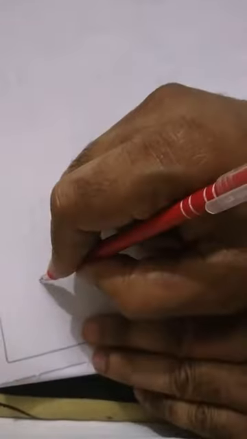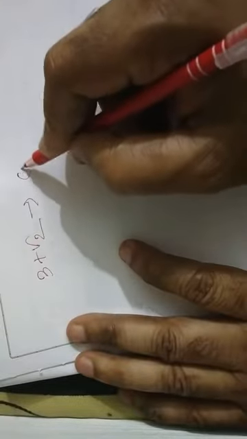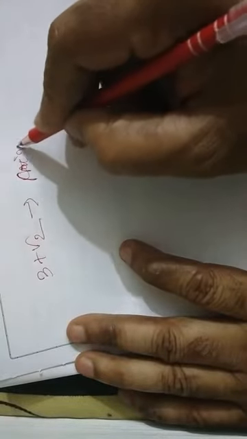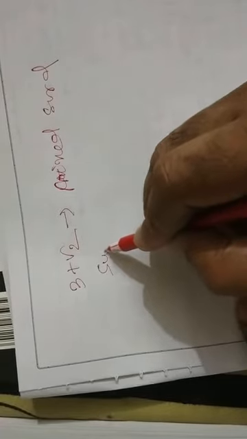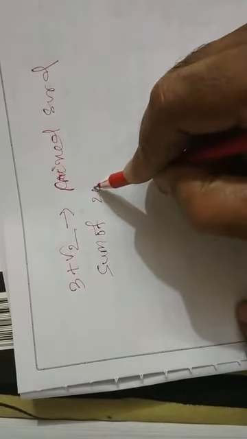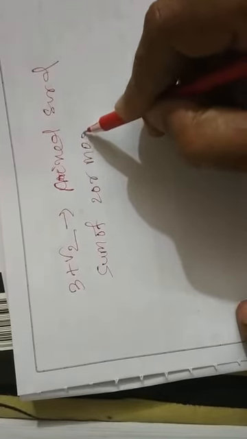If I add a rational number, that means 3 plus root 2, it is a mixed surd. And what is a compound surd? It is the sum of 2 or more surds.